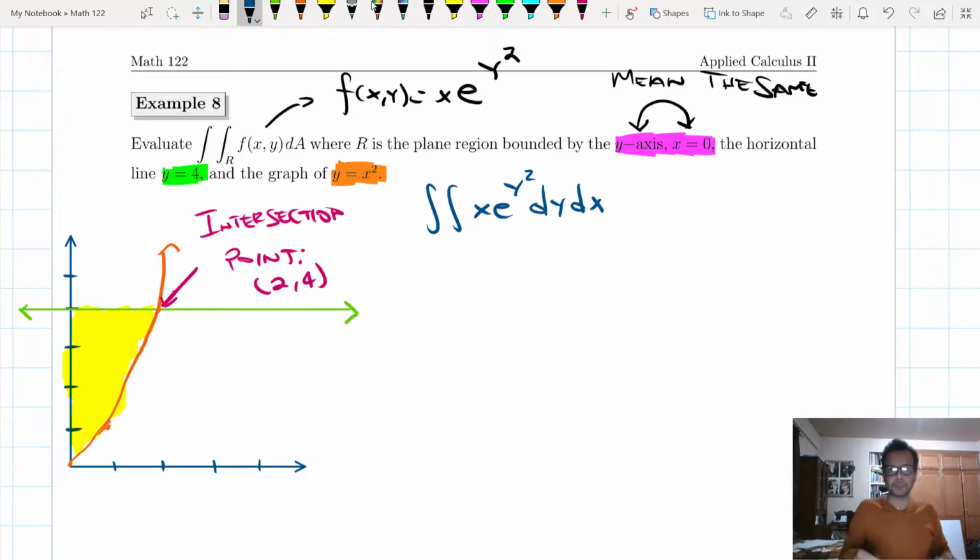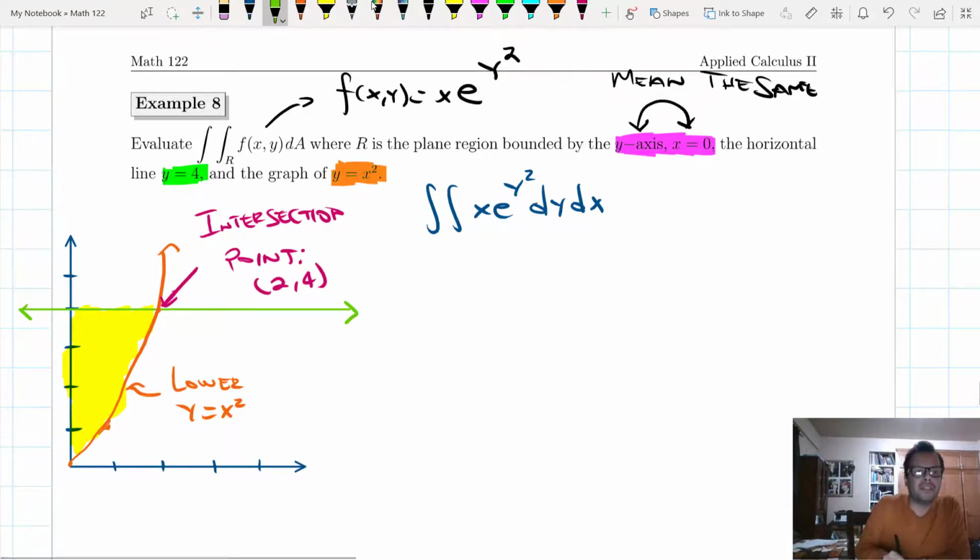Now let's see what's going to happen here. The limits of integration: the lower is y equals x squared, and on the other hand, y equals 4 is the upper.